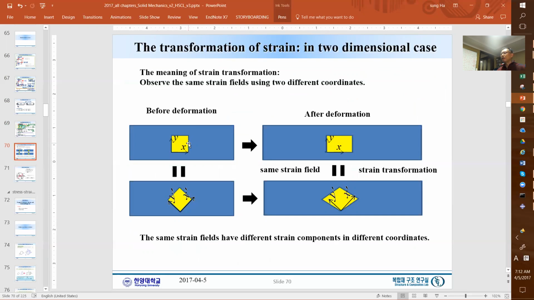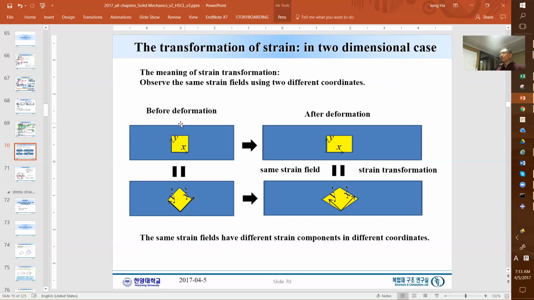Okay, I made a new slide, which I hope will help us to better understand the meaning of the strain transformation. Okay, strain transformation in the two-dimensional case: first we observe the same strain field using two different coordinates.